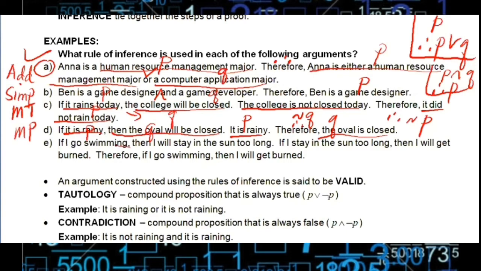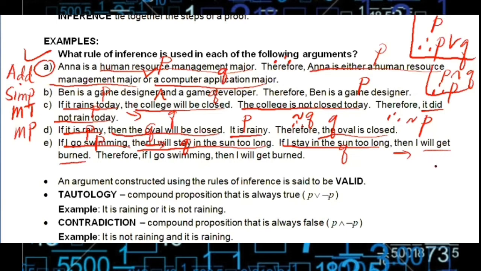Then last, letter E. If I go swimming, so that's P, then I will stay in the sun too long. Then Q. If I stay in the sun too long, again, that's Q, then I will get burned.